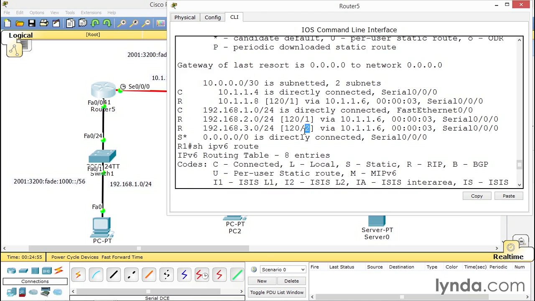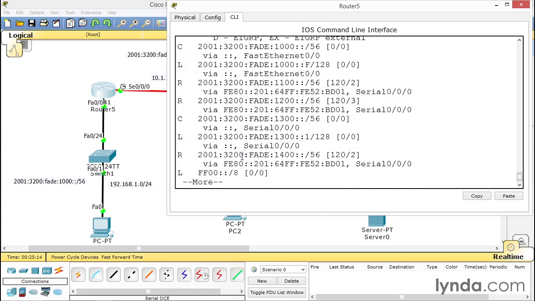So the biggest difference between RIP version 2 and RIPng is definitely that one is in decimal format, the other one is in hexadecimal format. But in the background, when these routers are sending their updates to their neighbor routers, they're sending it through multicast addresses. Let me show you where.